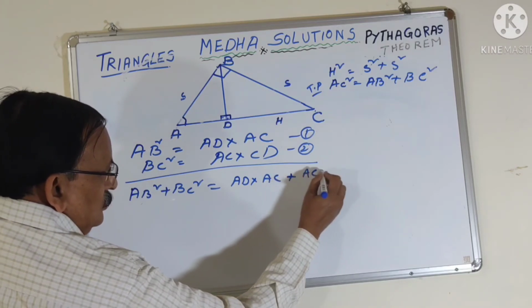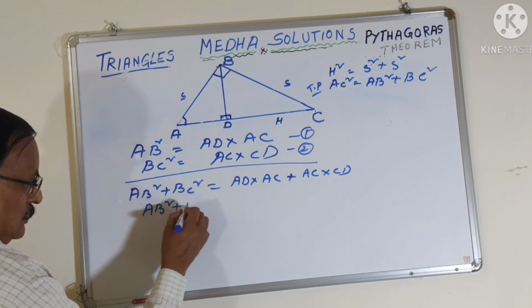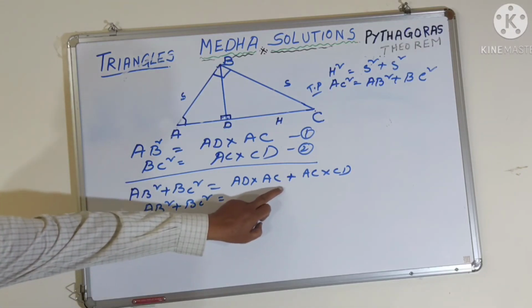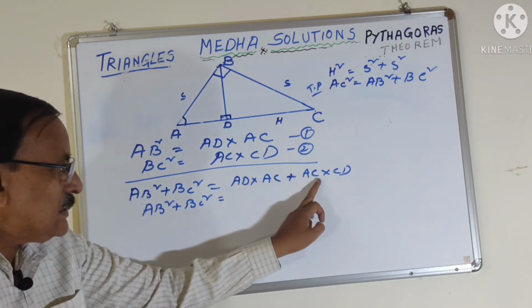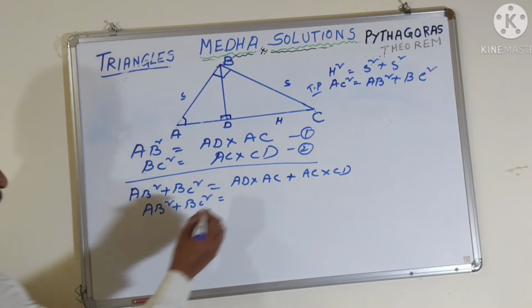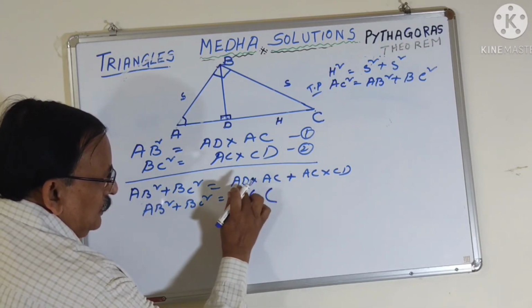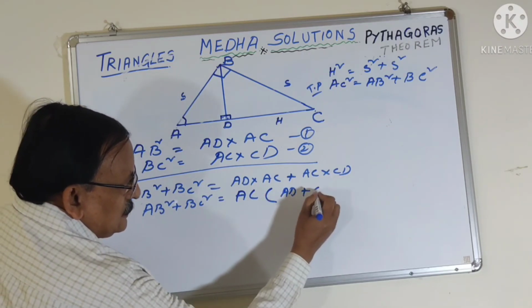Now AB square plus BC square is equal to, here AC is there and here AC is there. I am taking AC common: AC into AD plus CD.